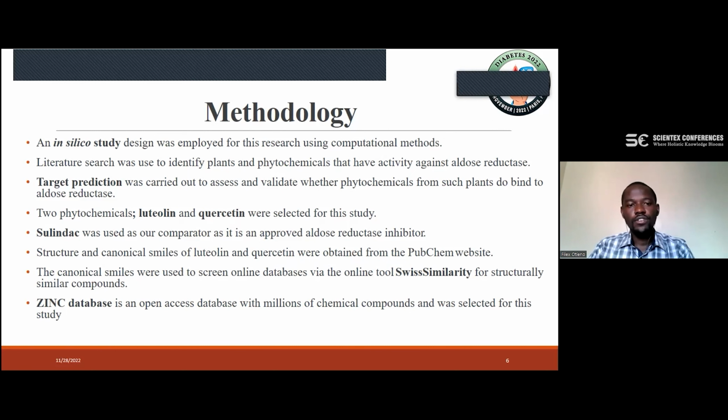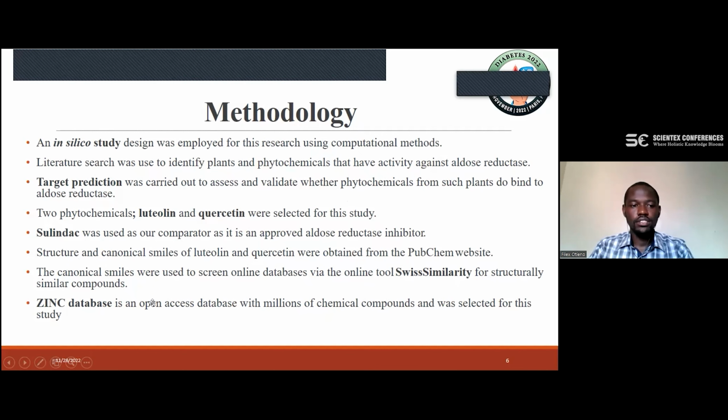So we are going to look for analogs for luteolin and quercetin, and we compare the docking scores of those analogs to luteolin, quercetin, and also sulindac. The structure and canonical SMILES of luteolin and quercetin were obtained from the PubChem website, and the similar compounds were extracted using SwissSimilarity, which is an online tool. SwissSimilarity was used to scan databases.